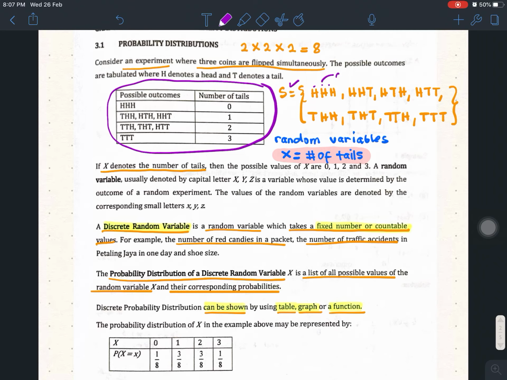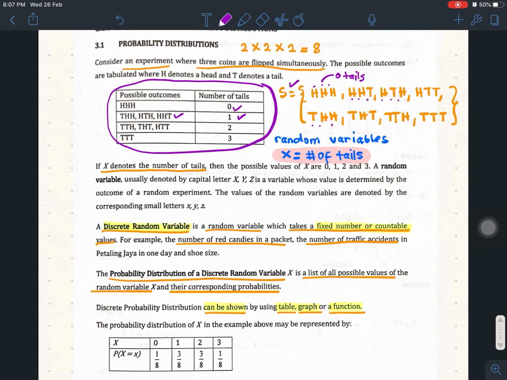There are 0 tails, so the number of tails is 0. If you look at head, head, tail, you have 1 tail. Is it only this sample? No. Head, tail, head also has 1 tail, and there is another one, tail, head, head. That's why they list these out for number of tails 1.